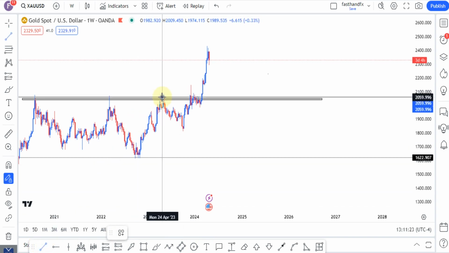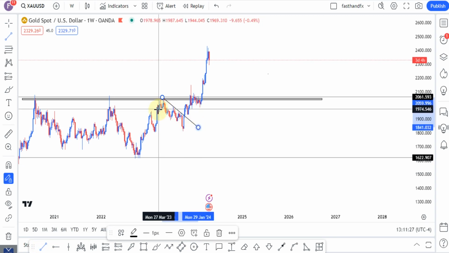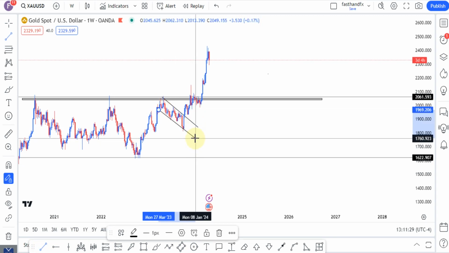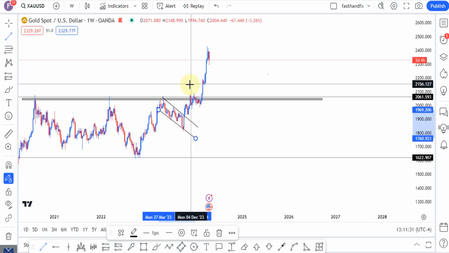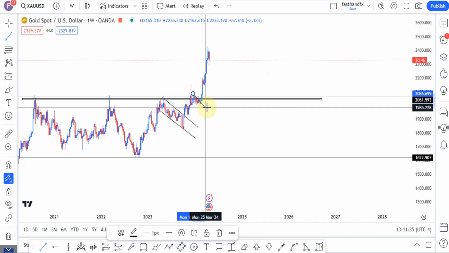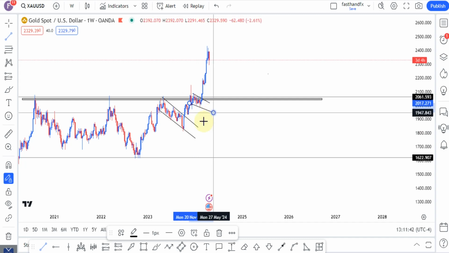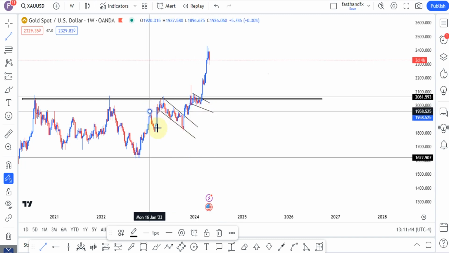So like this one is a bullish flag. We saw that bullish flag. We saw this one. And another one is here, that one, and we have this one.